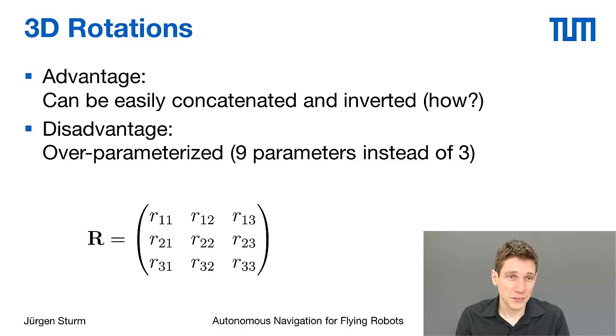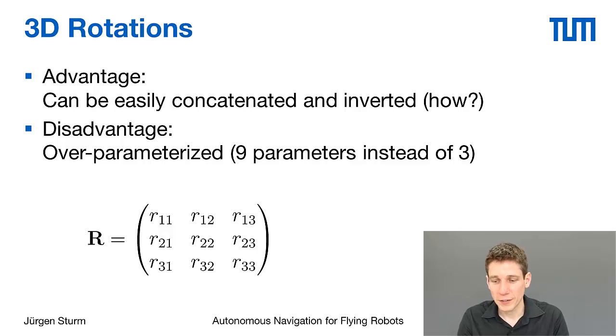The disadvantage, especially if you need to find the rotation between 2 points in space, is that it's completely overparametrized. You have 9 coefficients instead of only the 3 real degrees of freedom.